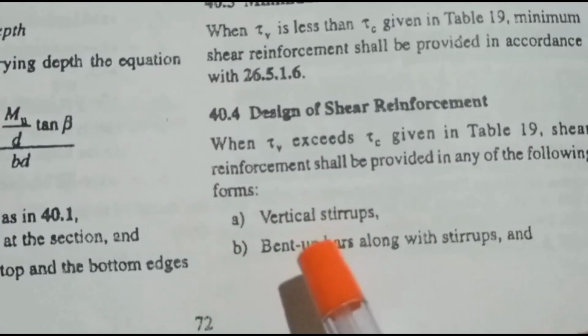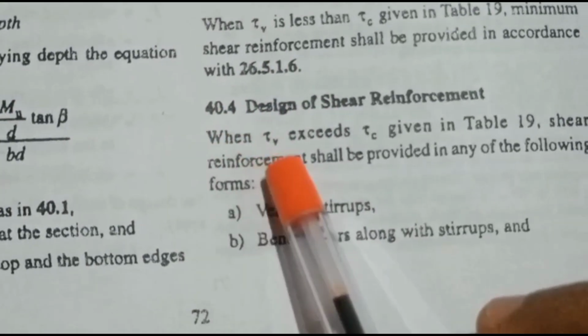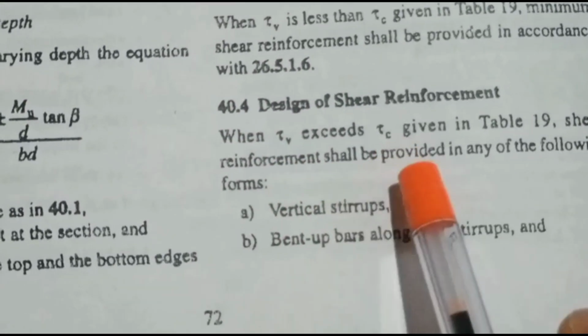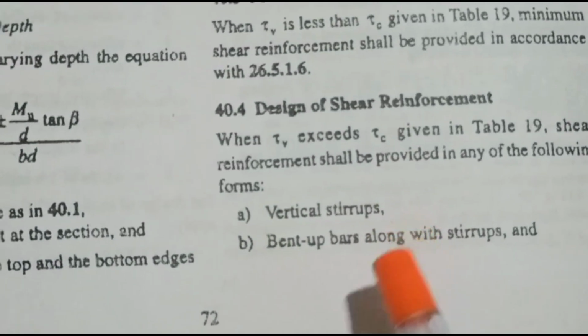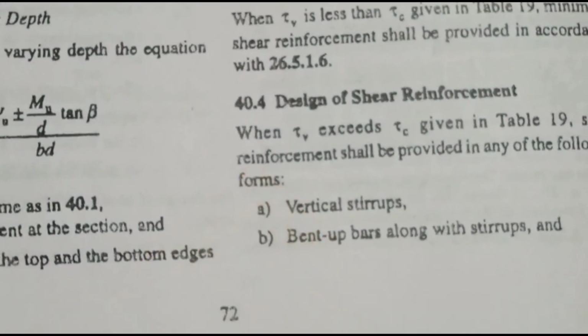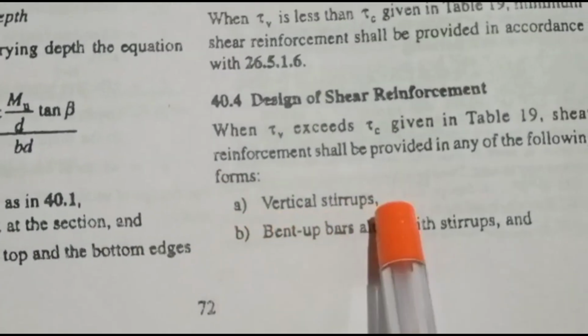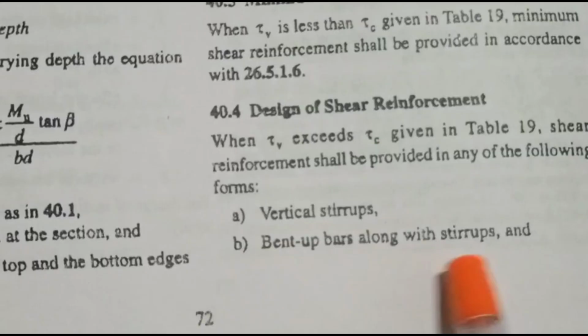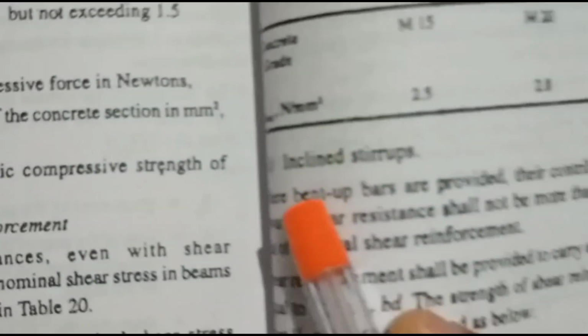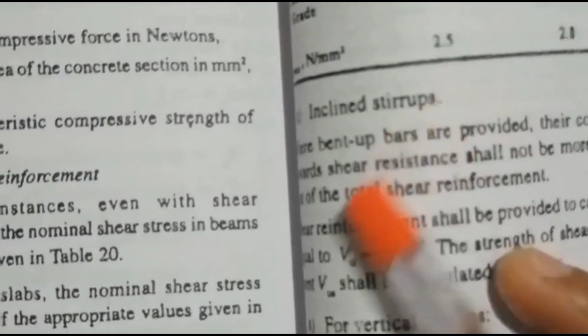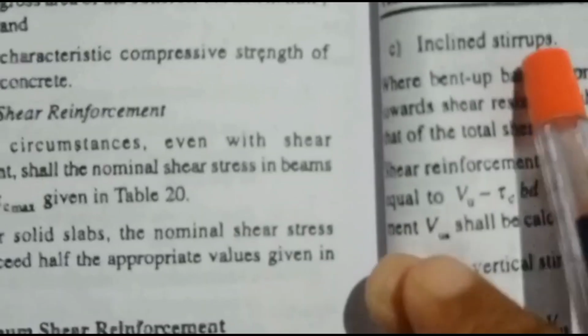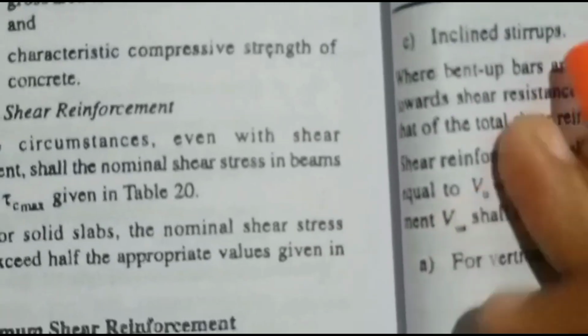They have said when our tau v value is greater than tau c, we need to provide the shear reinforcement, that may be in the form of vertical stirrups, or bent up bars along with stirrups, or inclined stirrups. In the form of these three, we need to provide reinforcement.